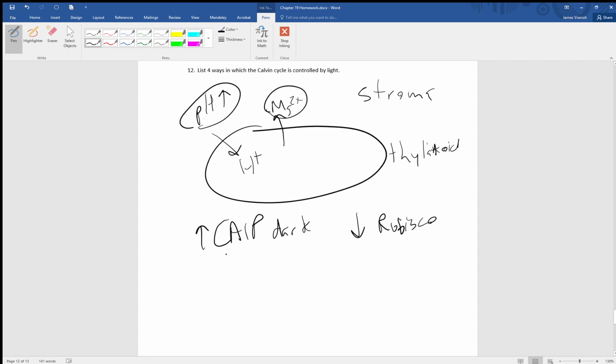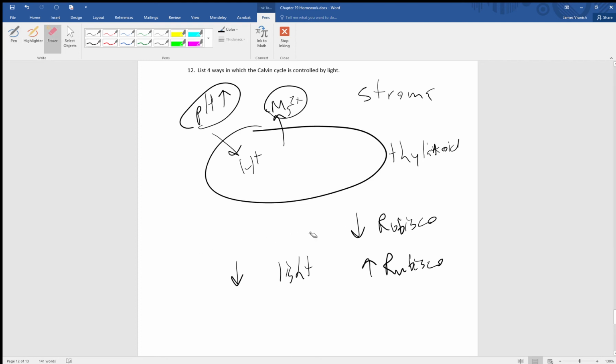In the light, there ends up being less of this, and so rubisco activity goes up. So this is basically an inhibitor that the plants make only in the dark that helps to also turn off rubisco at night and activate it during the day.